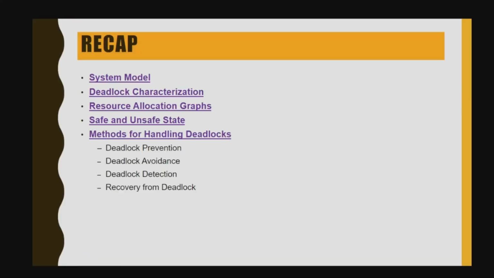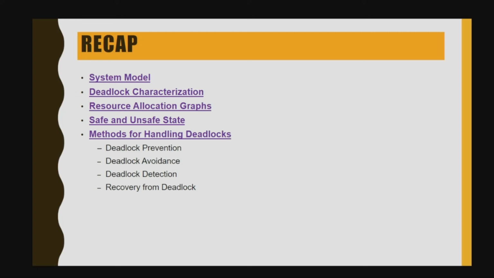For part 1, we will continue on the methods for handling the deadlock in the next part. So overall, in this video, we have learned about the system model.